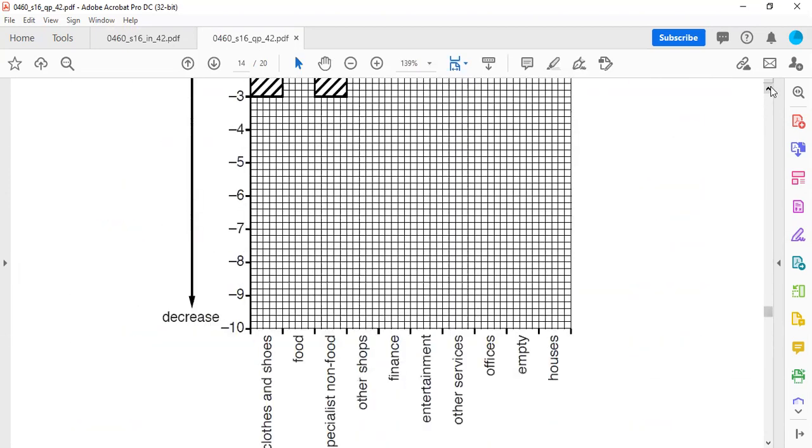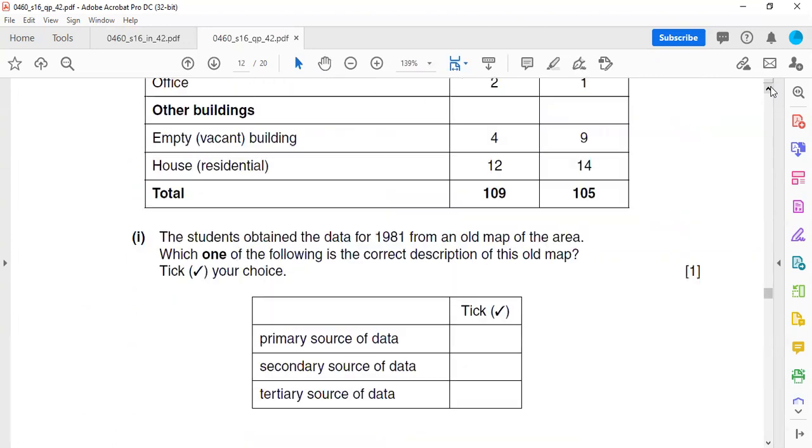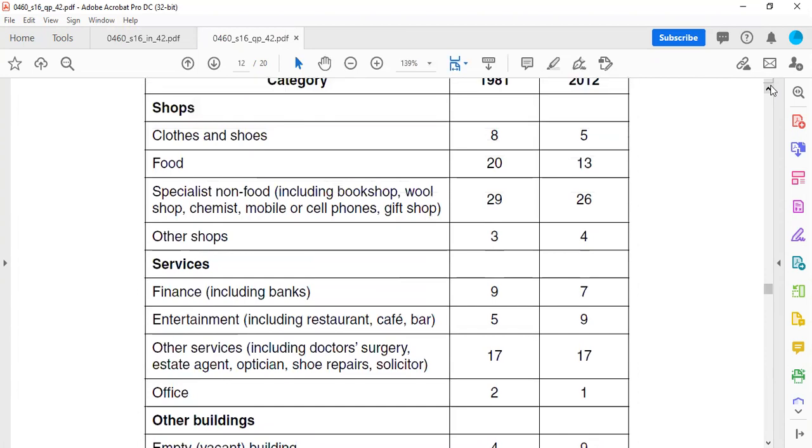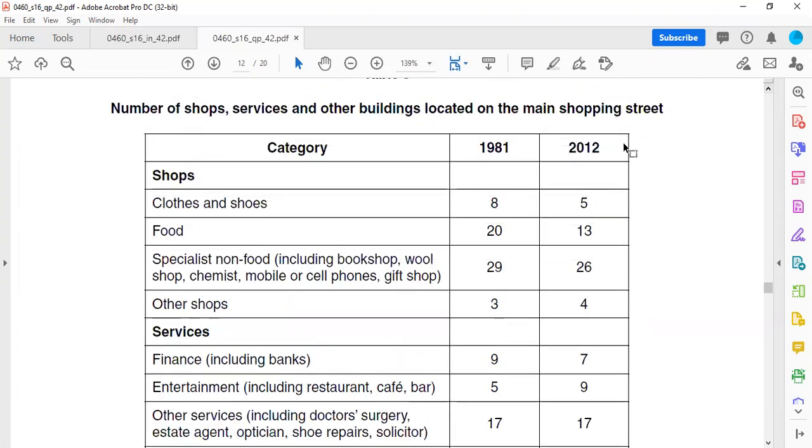Then, if you now look here, you can say why. Because between 1981 and 2012, shops for clothes have reduced from 8 to 5. Food has reduced from 20 to 13. Is there any that is constant?